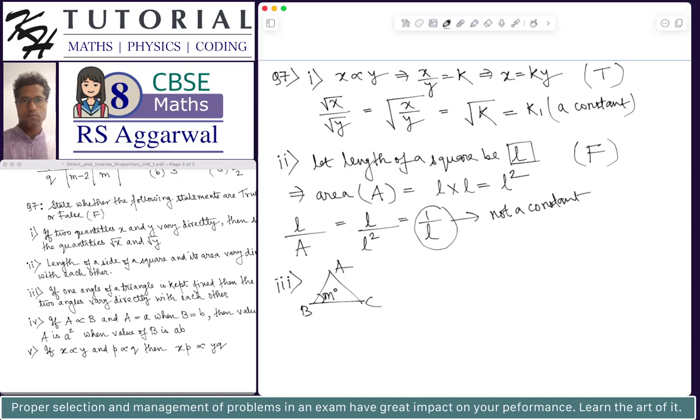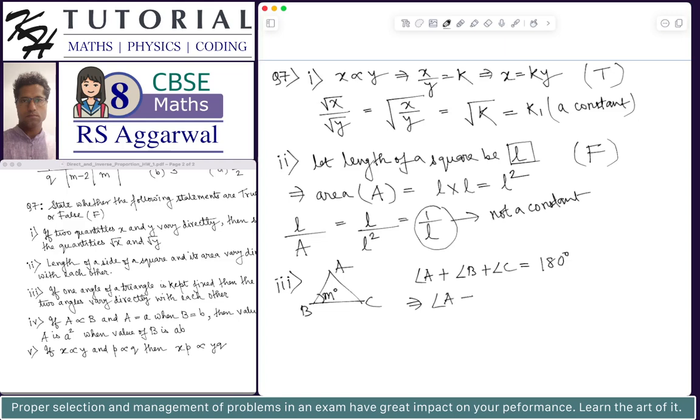Now we know that angle A plus angle B plus angle C is always 180 degrees. The sum of the three angles of any triangle is always 180 degrees. Since one angle of the triangle is kept fixed, we have assumed angle B to be a fixed value, equal to m degrees.